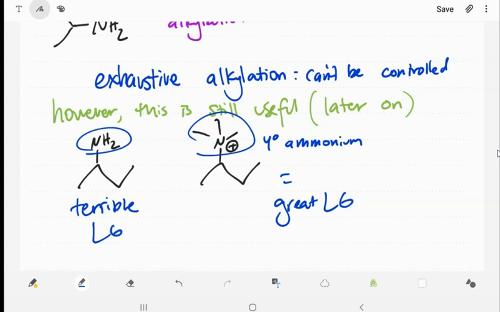So, ammonia by itself, terrible leaving group. Throw it with a ton of methyl iodide. Now we have a fantastic leaving group. All right, we threw all these methyls on there. Now we have a positively charged nitrogen. So it's ready to leave. So we can take advantage of this fact.